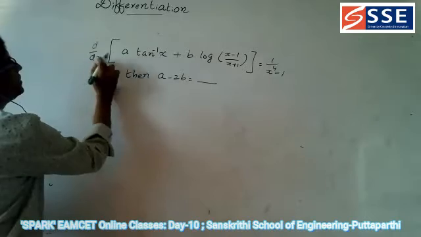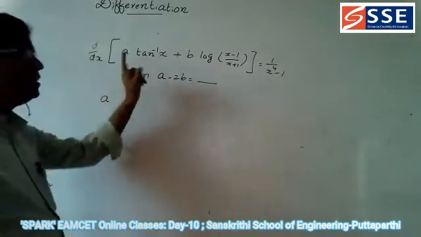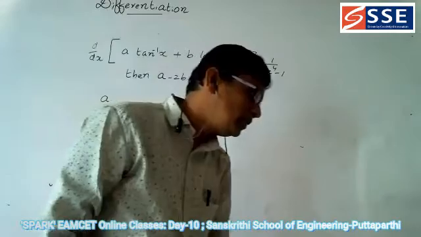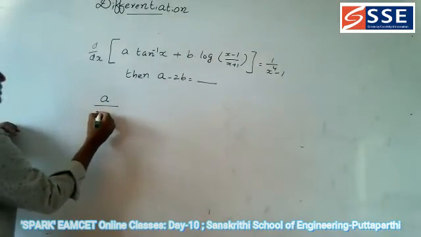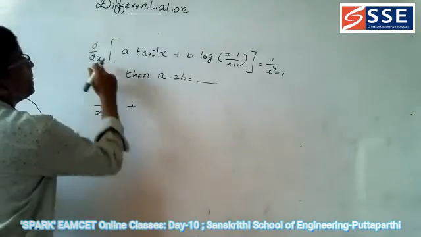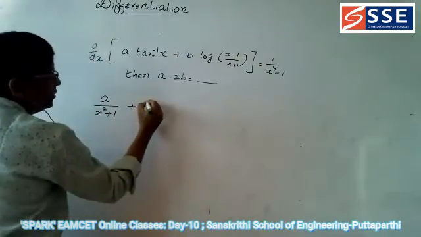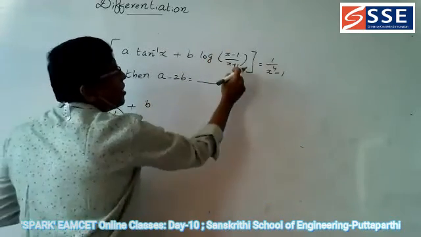Differentiation of tan inverse. A is constant, take it out. Differentiation of tan inverse x. What is the formula for differentiation of tan inverse x? 1 by 1 plus x square, or x square plus 1. You know already. Plus differentiation of this one. B you take as constant, and differentiation of log.